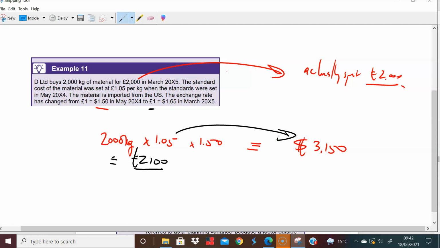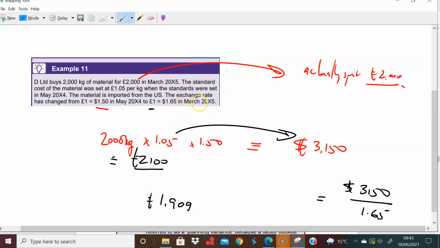Now, the point here is that you can actually get this product more cheaply now, because it says the exchange rate has moved in your favor. So the question here is that $3,150 is the equivalent of, if I divide that by 1.65, £1,909 now, because the exchange rate has moved in your favor.